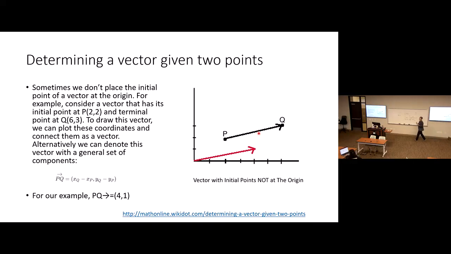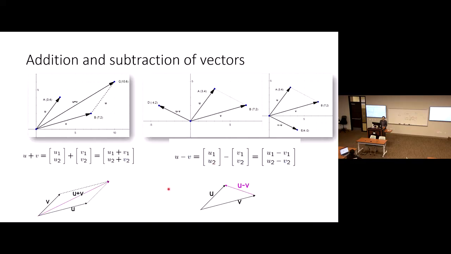That vector represents the same thing. You just do this operation and you get the PQ vector. So that's what I described, the addition operation between two vectors.